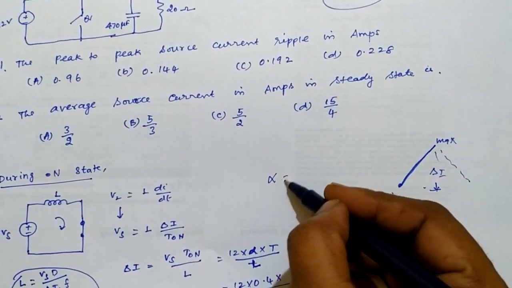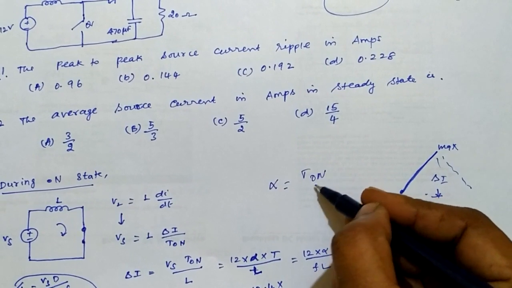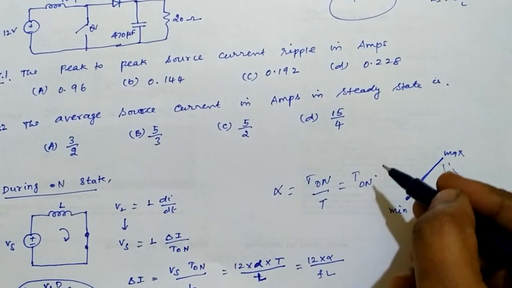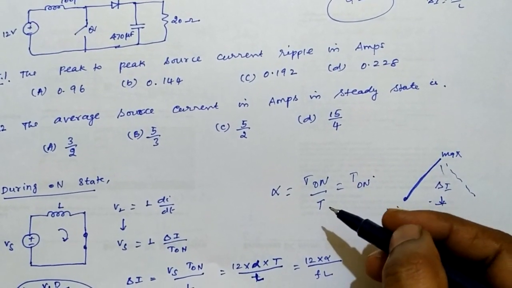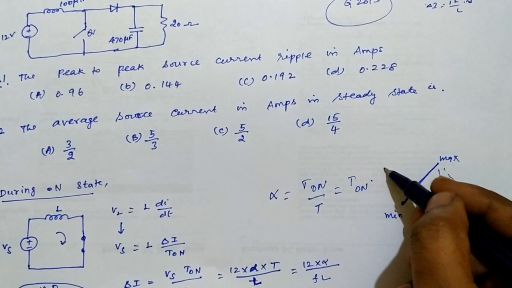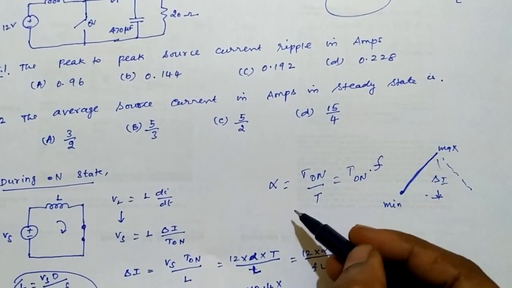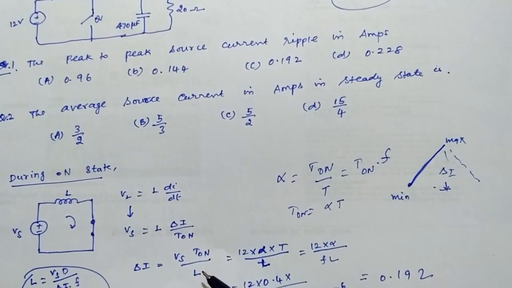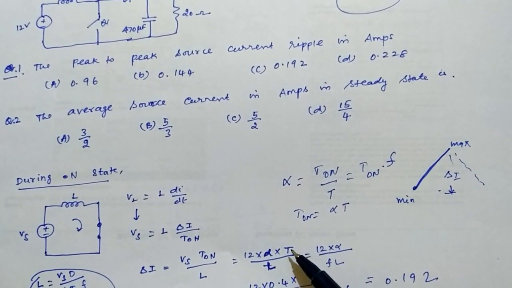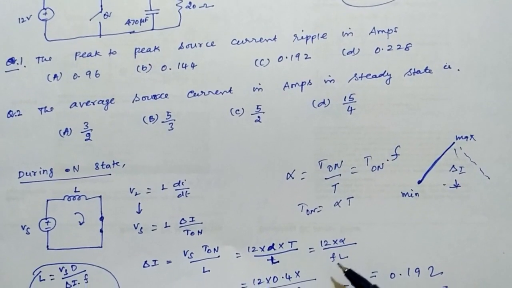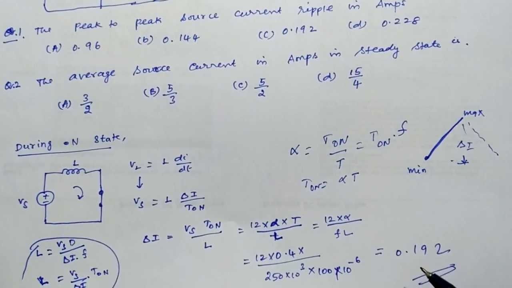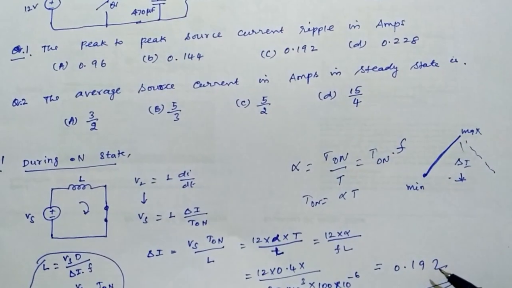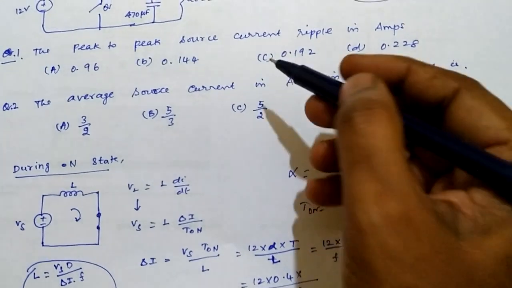Here we know the duty ratio alpha is T on by T, that is equal to T on into F. So this is the alpha formula, otherwise T on is equal to alpha into T. For this T on, substitute alpha into T divided by L. Substitute all the values and we get the answer. The peak to peak source current is 0.192. So this is the answer.